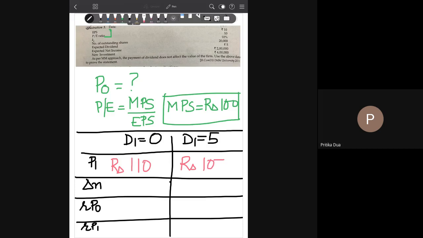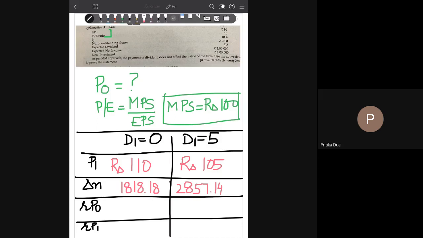So again, earnings for the shareholders are the same in both the cases. Next, we come to the number of shares to be issued when dividend is not paid. So how many shares will be issued? 1818.18. And when being issued, we need more funds, so higher number of shares, and this comes to 2857.143.